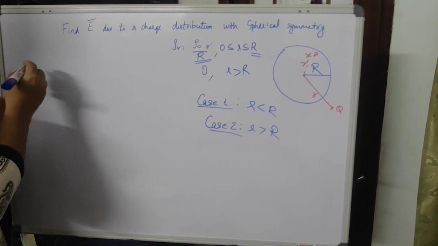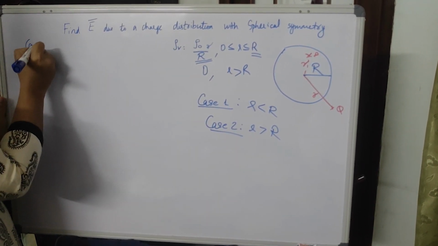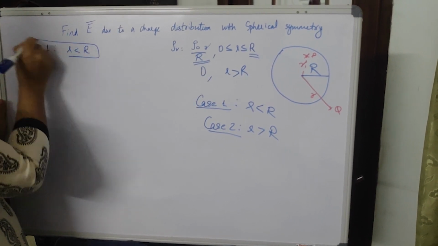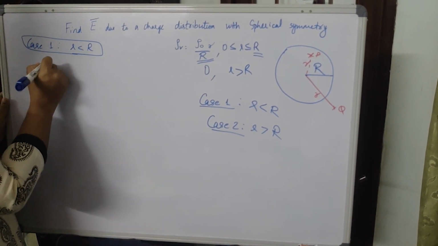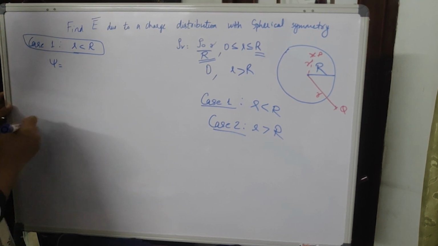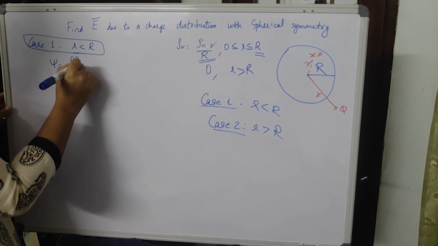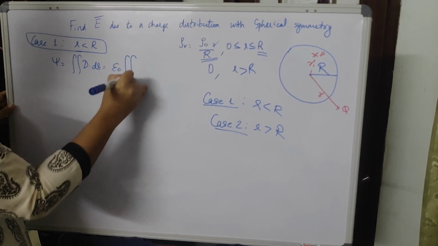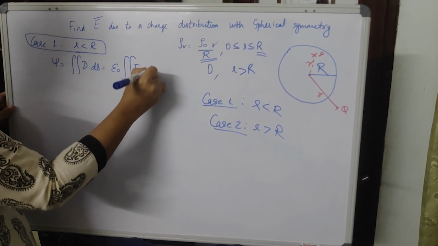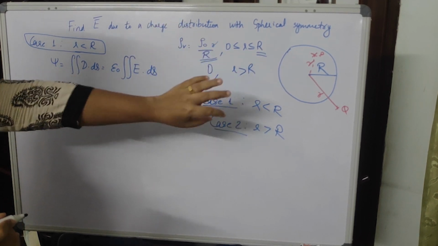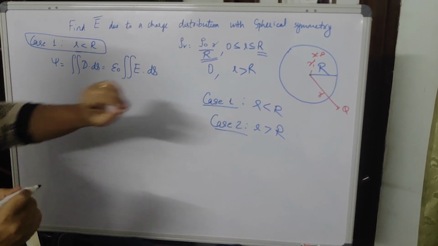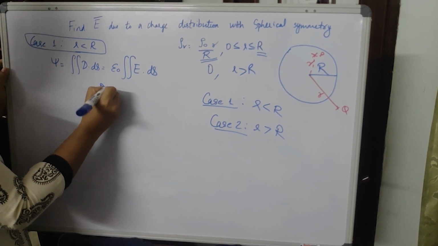So let's proceed with case 1, when r is less than R. Again psi is equal to the surface integral of D dot ds, that is epsilon naught times the surface integral of E dot ds. As it is a spherical surface, you can take the plane in theta phi.